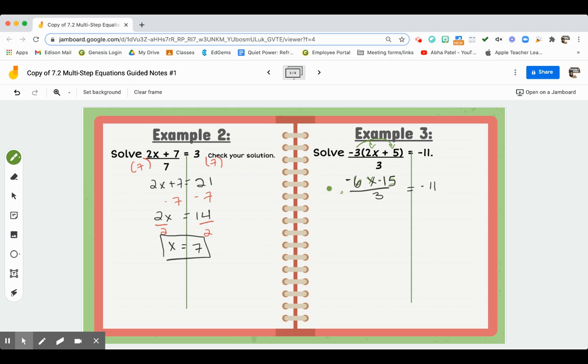So you're going to multiply both sides by 3 and get negative 6x minus 15 is equal to negative 33. Add 15.